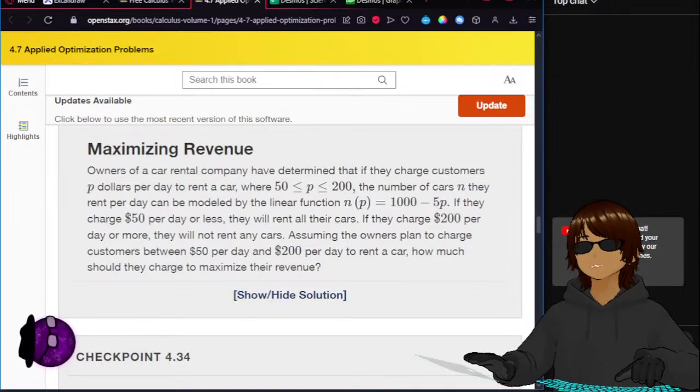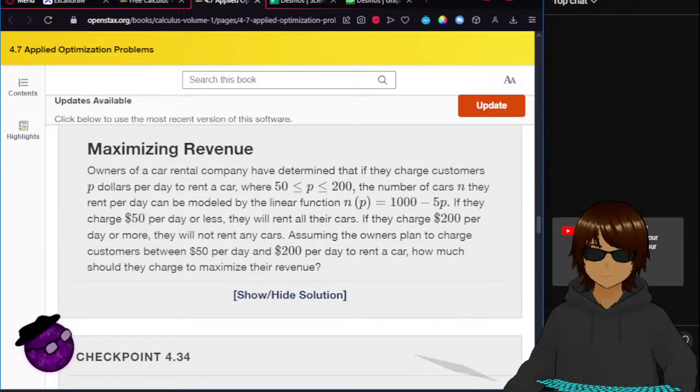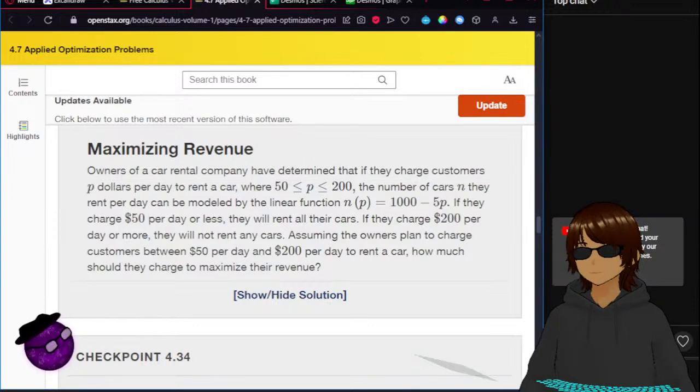Maximizing revenue. Owners of a car rental company have determined that if they charge customers $P per day to rent a car, where P is between 50 and 200, the number of cars N they rent per day can be modeled by the linear function N of P is 1000 minus 5P.